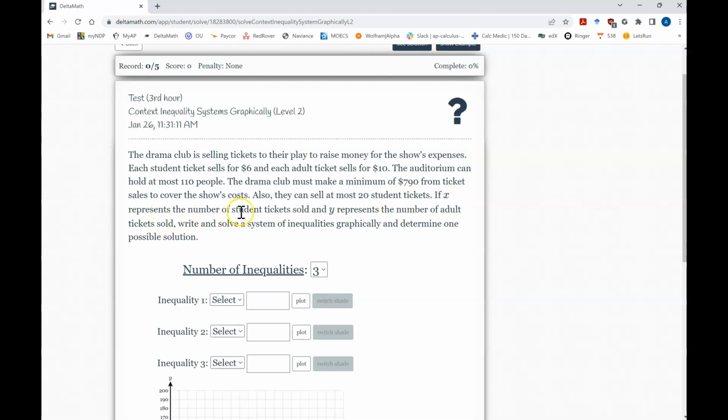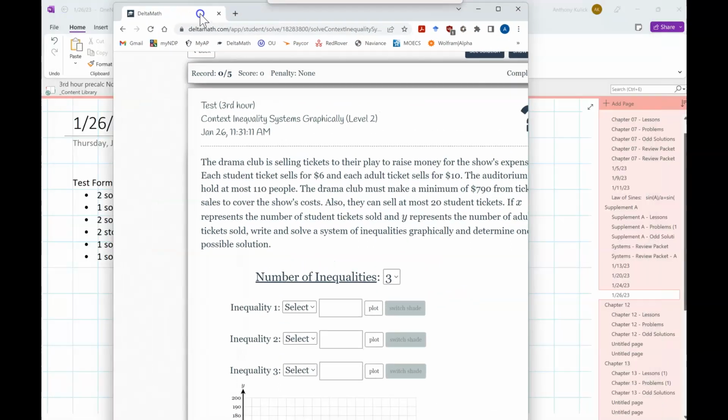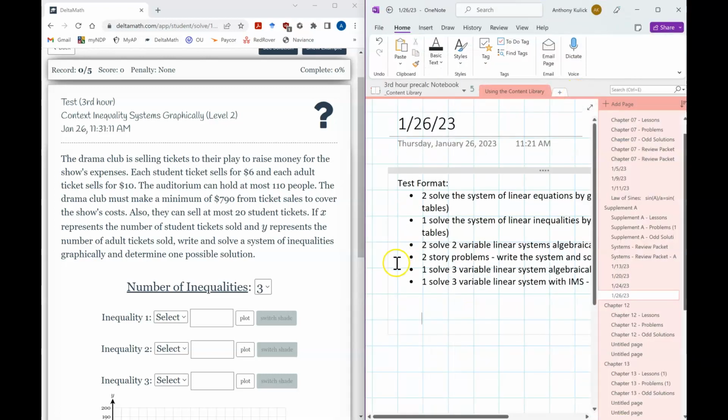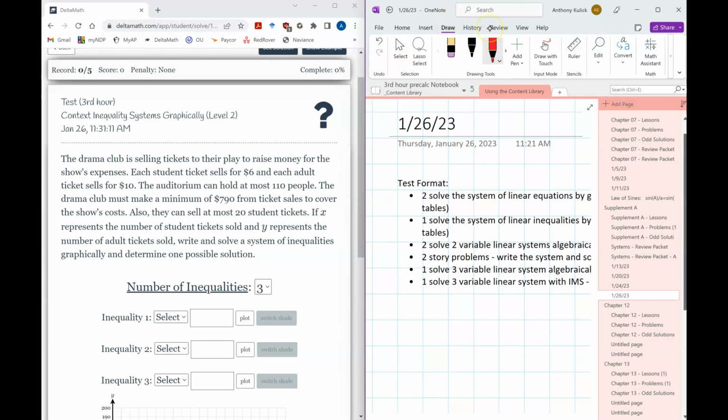If X represents the number of student tickets sold and Y represents the number of adult tickets sold, write and solve a system of linear inequalities. Okay. So the first thing I know is X and Y represent the number of student and adult tickets sold.